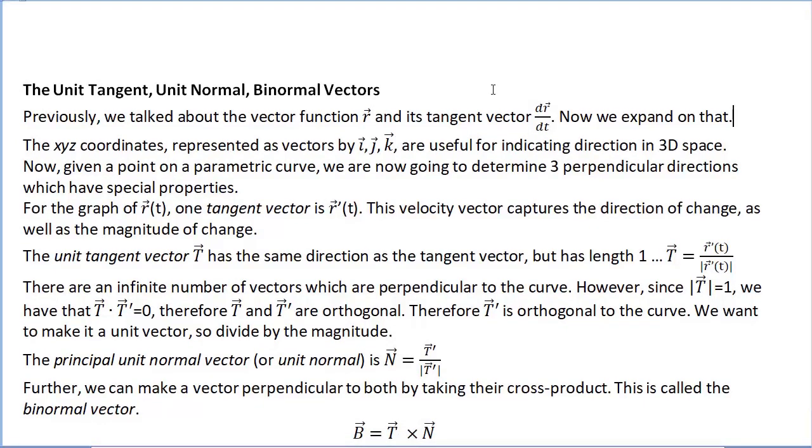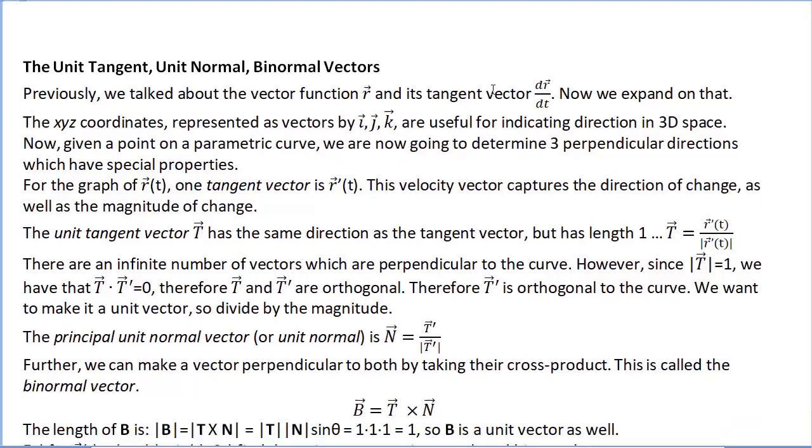We call that B, and that's just T cross N. Then finally, we want to make it a unit vector because we only want it to represent direction. But notice that it's a cross product, so its magnitude is the magnitude of T times the magnitude of N times sine theta. Since T and N are perpendicular, sine theta is just 1. So this cross product already has a magnitude of 1. So we're all set.